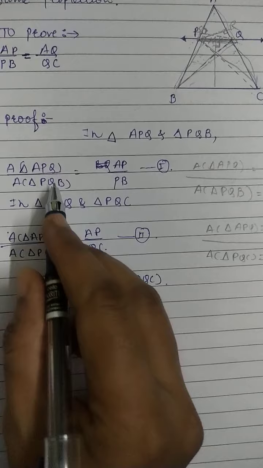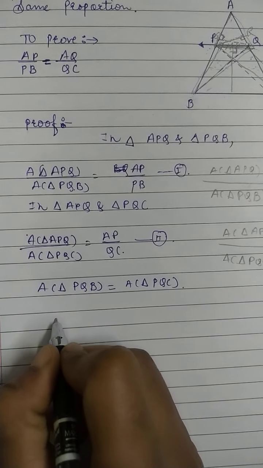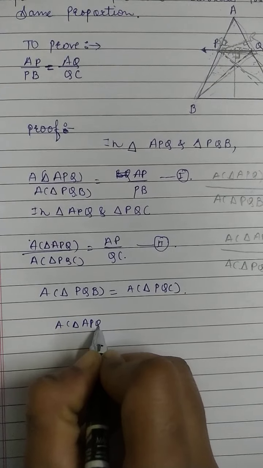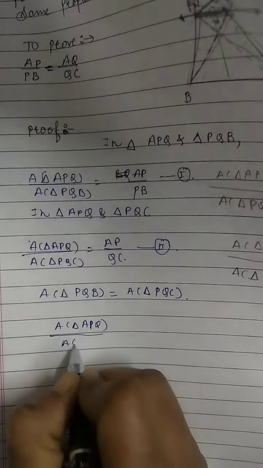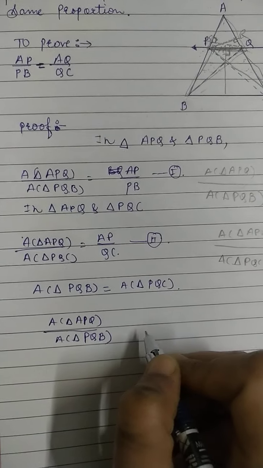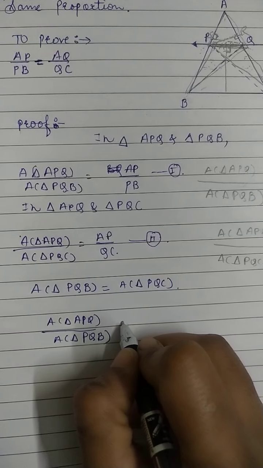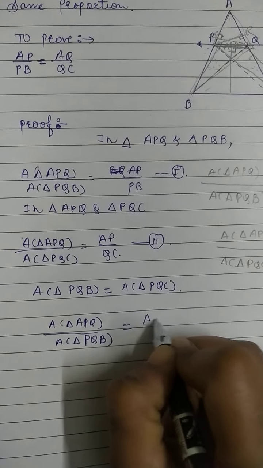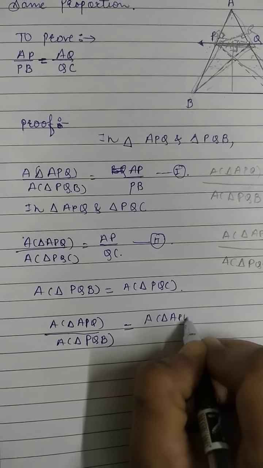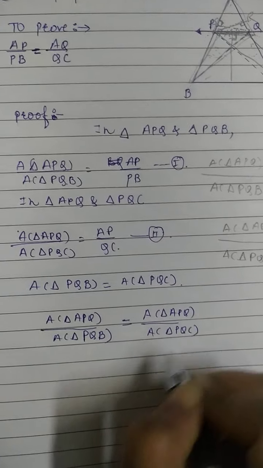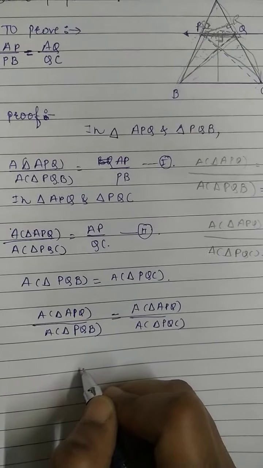So what I will do: area of triangle APQ upon area of triangle PQB is equal to area of triangle APQ upon area of triangle PQC. Fine.